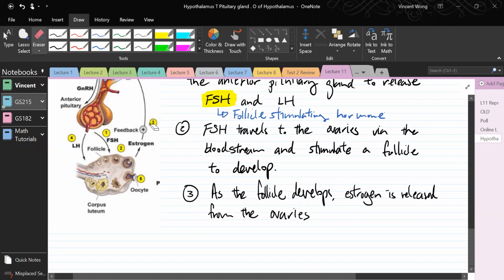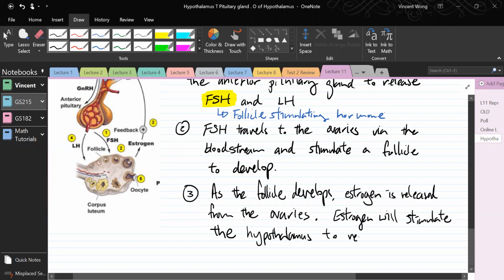And then what does the estrogen do? Estrogen will stimulate the hypothalamus to release more GnRH.